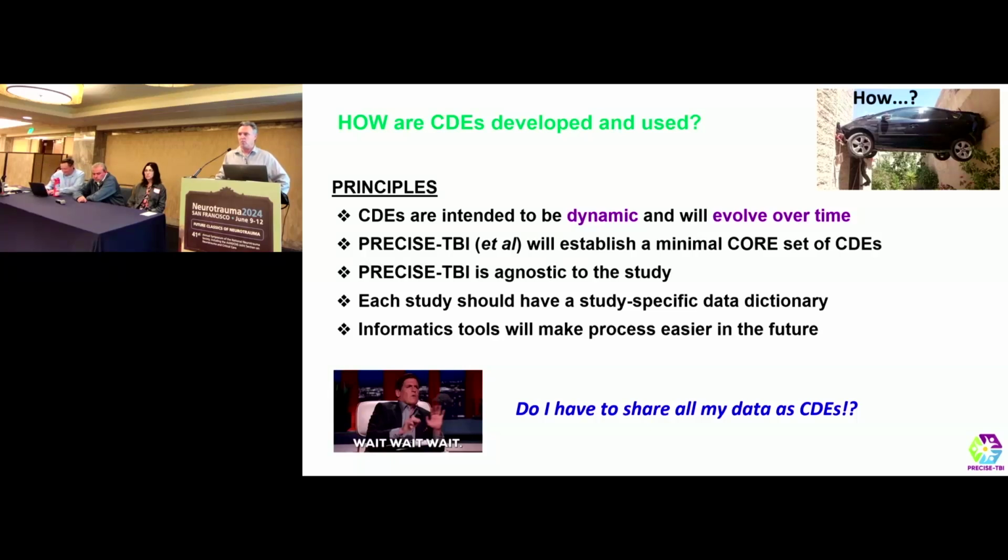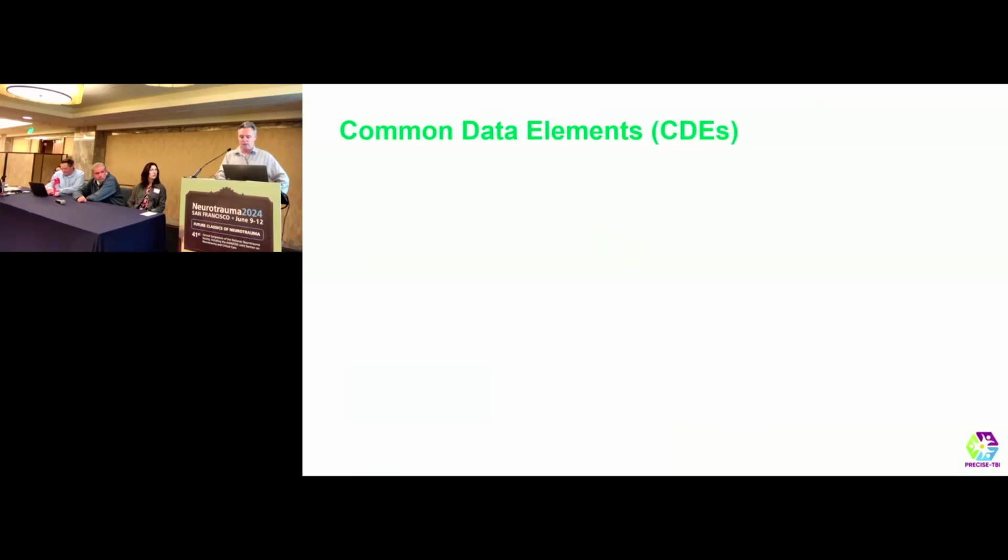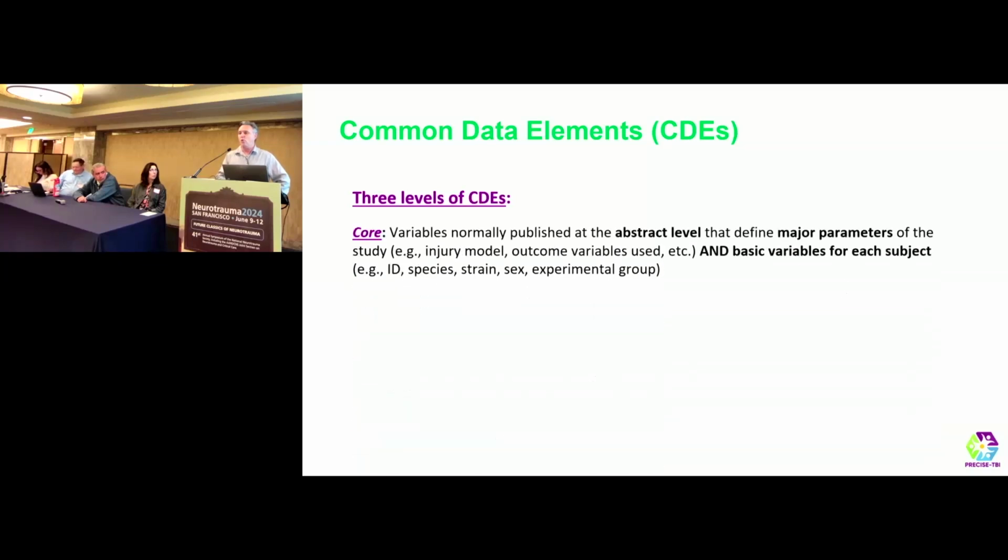You're probably wondering, do I have to share all of my data? It's really up to you. There are 3 levels of CDEs. The core ones are at the abstract level and define the major parameters, such as species, strain, etc. Then the recommended ones are other variables that are commonly published in the field.